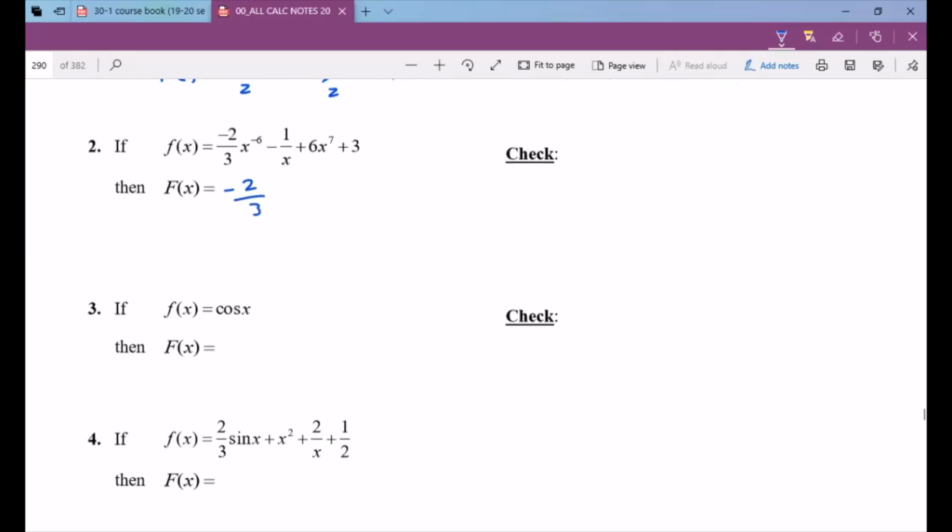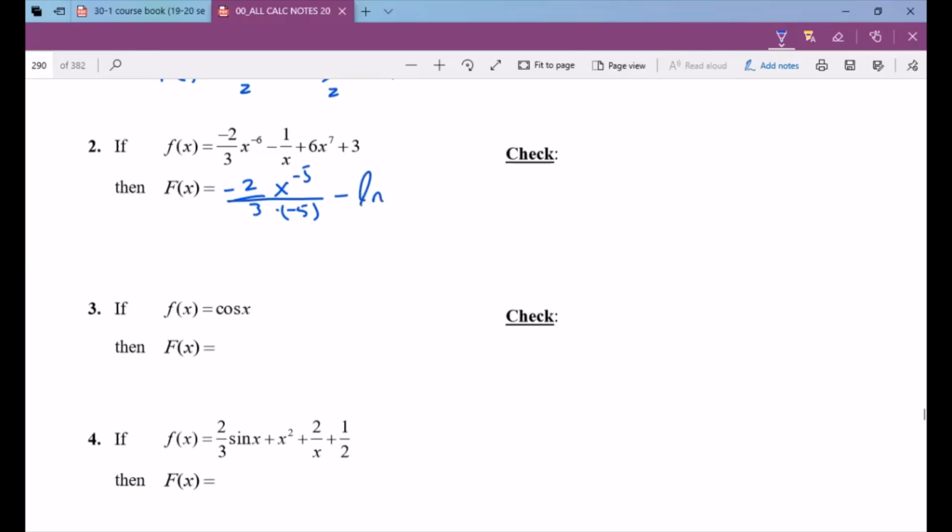So let's antidifferentiate that. Negative 2/3 stays where it is. We add 1 to our exponent, so that's negative 5. And then we have to divide that amount out. So downstairs, we're also going to have a factor of negative 5. Minus, we have 1 over x.